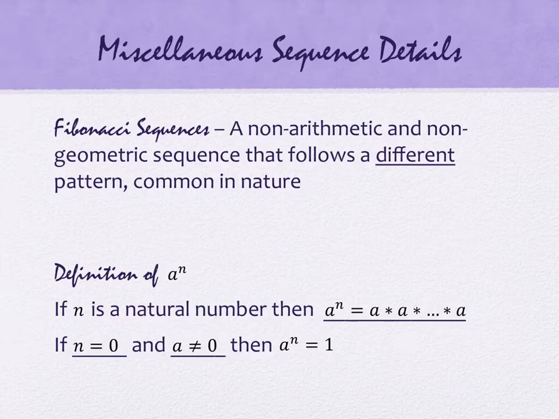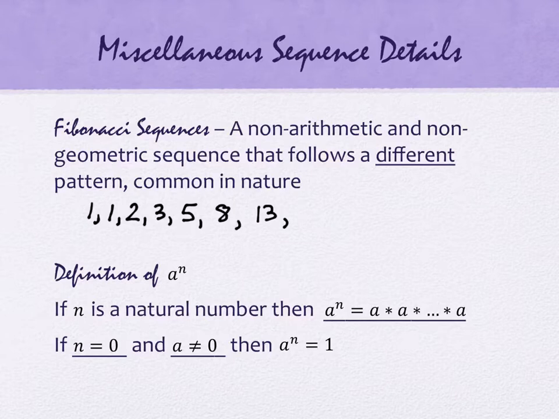So it doesn't follow the add something to get the next term. It doesn't follow the add a fixed value or multiply by a fixed value like a geometric sequence would. There is a different pattern, but it is actually found commonly in nature. So the pattern starts out like this. I'm going to write one more term.